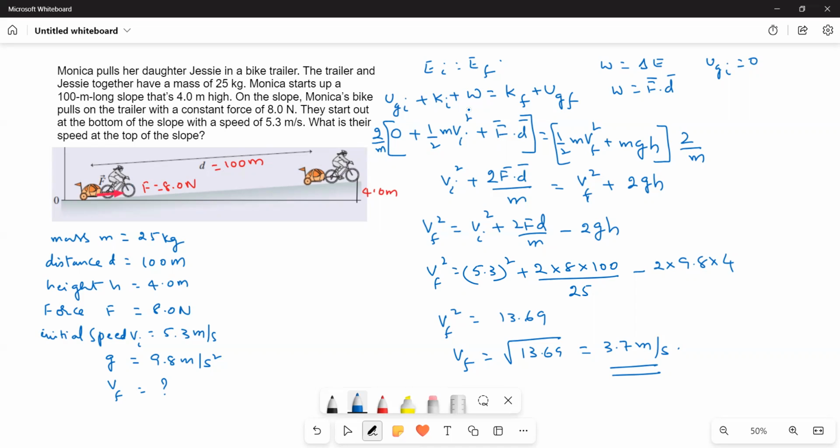Moreover, one more thing you should remember: here I am taking a frictionless surface. Therefore, work done by the non-conservative forces is equal to 0.